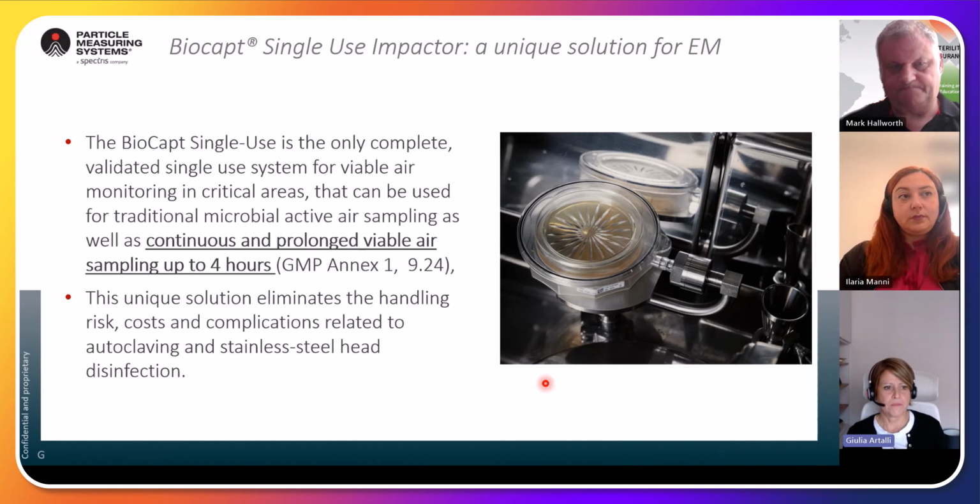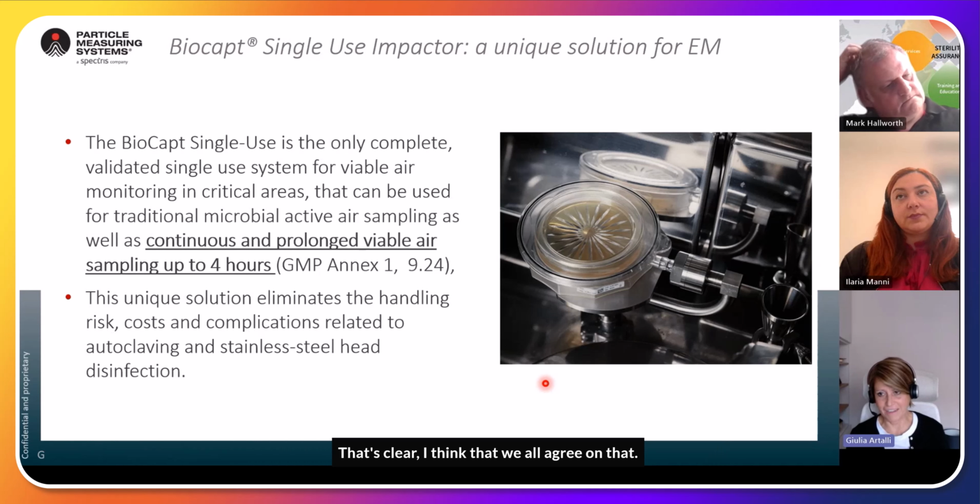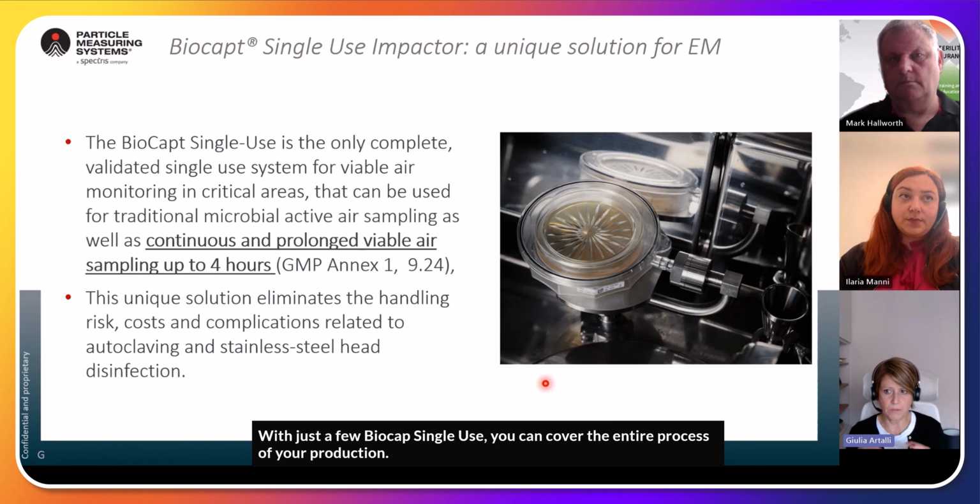So as Mark mentioned, the value of passive sampling is very, very poor. That's clear, I think we all agree on that. With BioCapt single use, depending on the condition, you can use it up to 4 hours in continuous. So with just a few BioCapt single use, you can cover the entire process of your production.